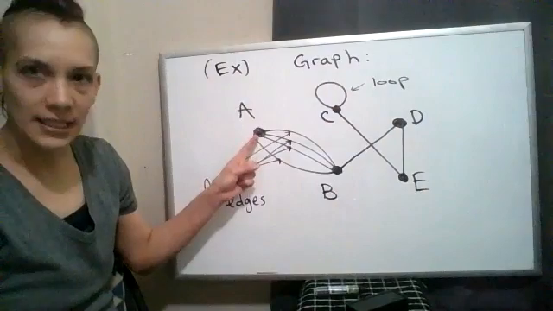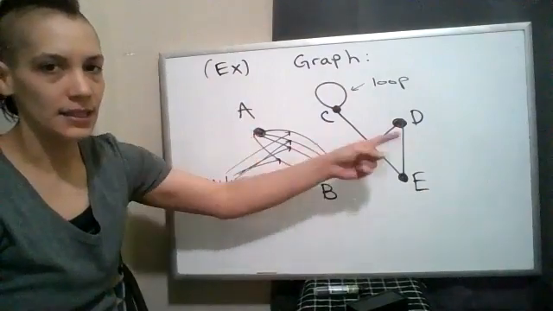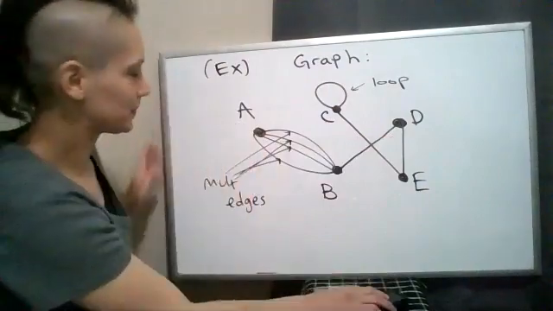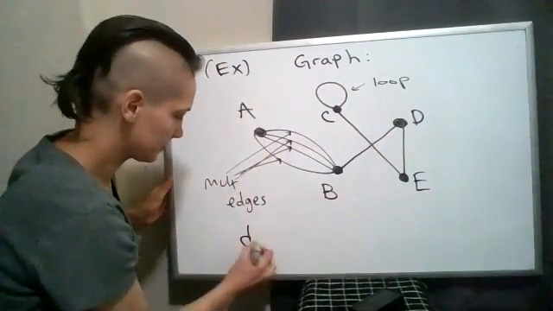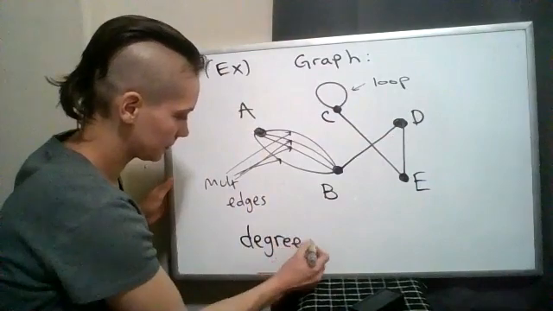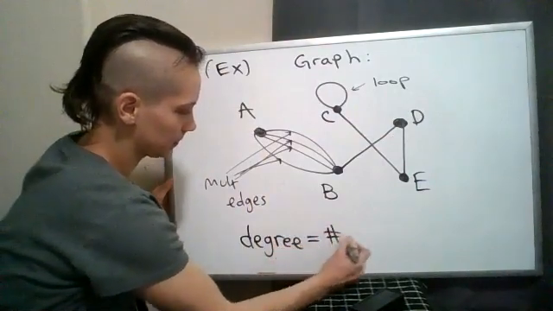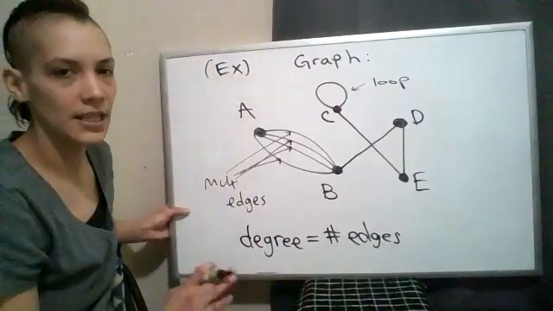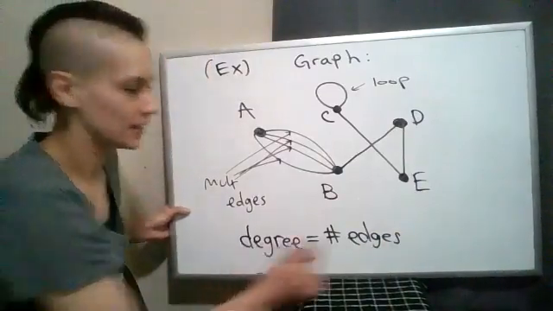So the vertices are A, B, C, D, E. Let's find the degree of B. The degree is the number of edges that are connected to the vertex.